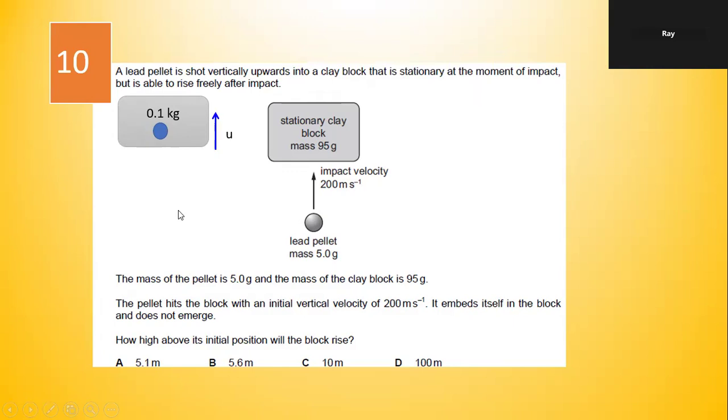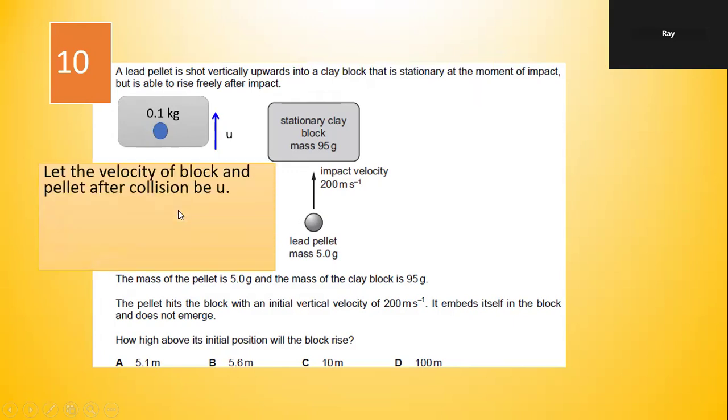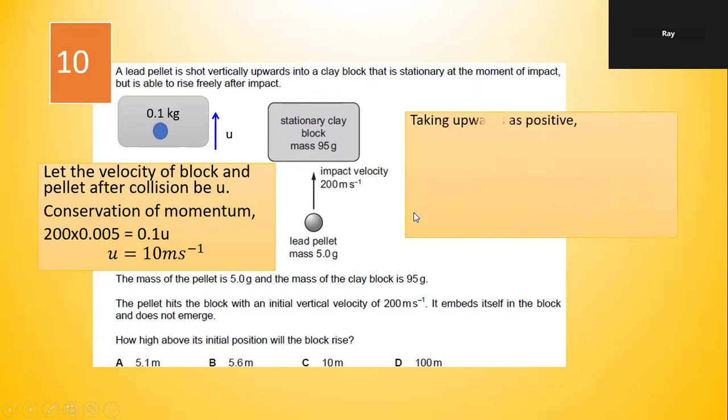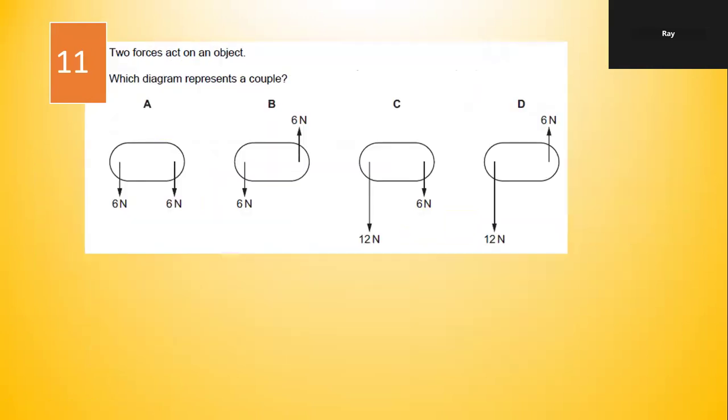Then we move with velocity u, and by conservation of momentum, there's initial momentum. This one is 0, and then 0.1 times u, taking ours as positive. A, okay. Any comment? No. Okay.